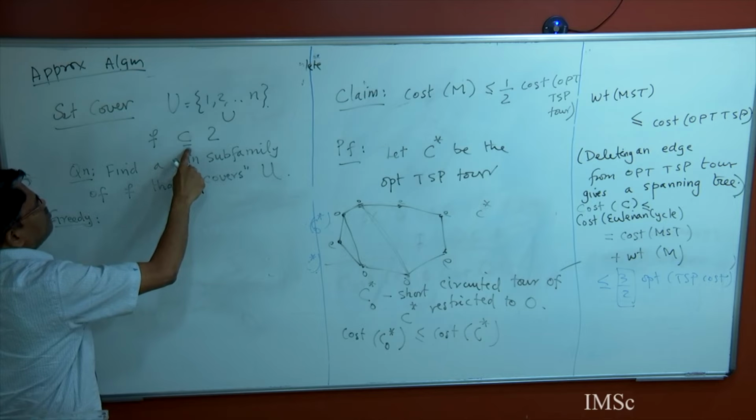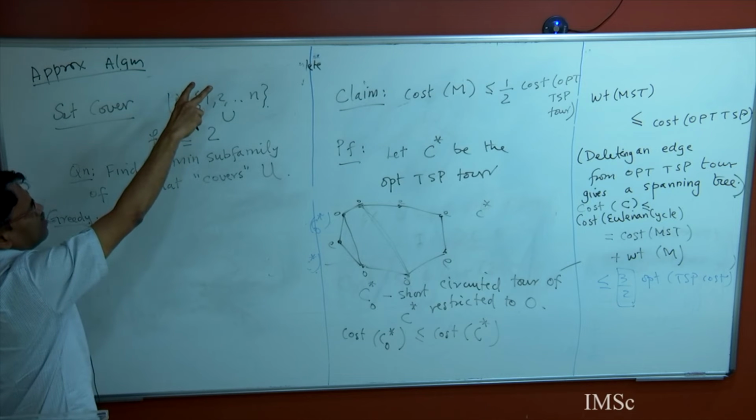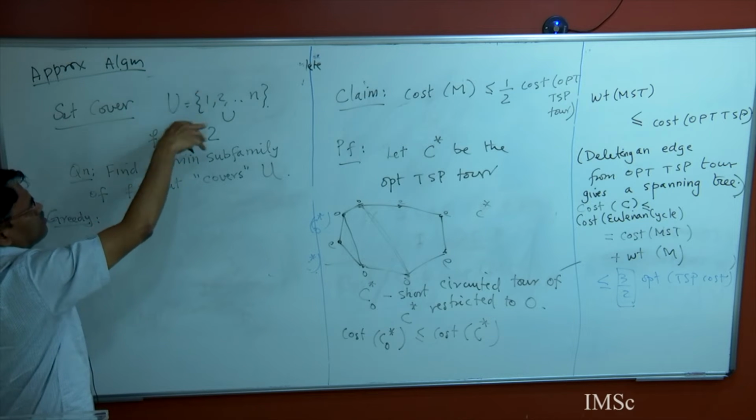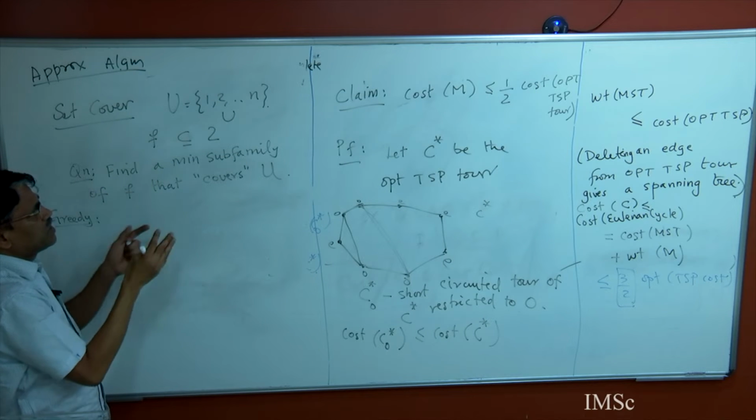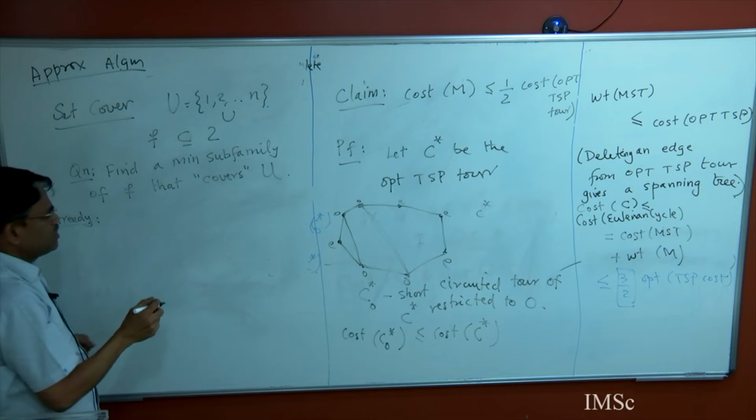Basically, I run through my F, find the set that covers the largest number of uncovered elements, delete those elements from my universe, and repeat.